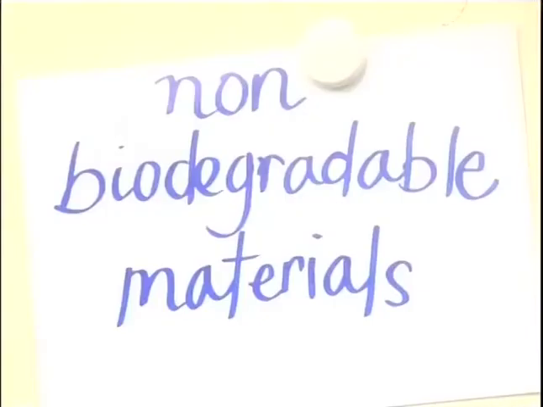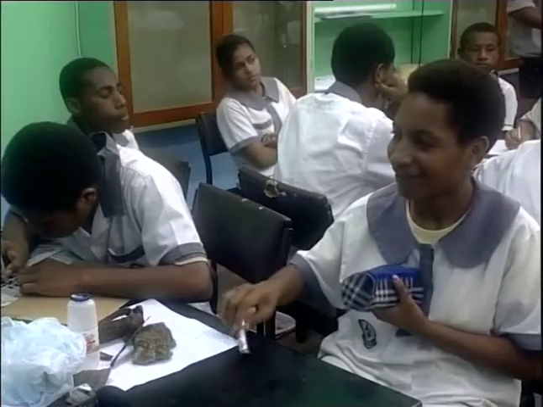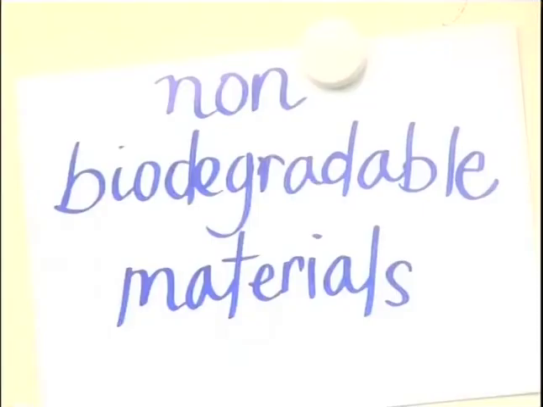Receiving students and the model class, this is what I want you to do. You are going to brainstorm this word non-biodegradable materials. I hope you have gone through some exercises so far on brainstorming. Class, do you know what to do? Yes. All right.